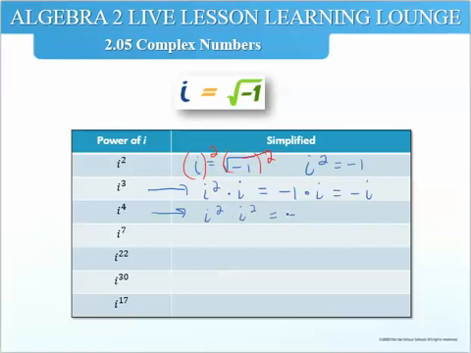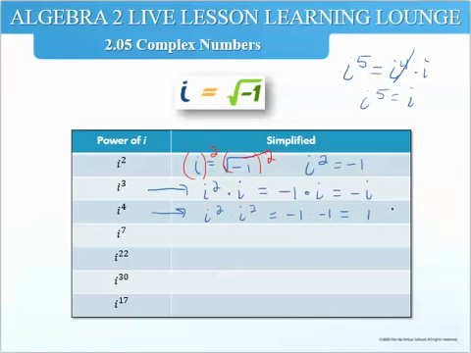And if we substitute negative 1 in place of each i squared, we get negative 1 times negative 1 is positive 1. And then if we were to continue this pattern, say i to the fifth, we could rewrite that as i to the fourth times i, and we know i to the fourth is 1, so i to the fifth is going to be equal to i.